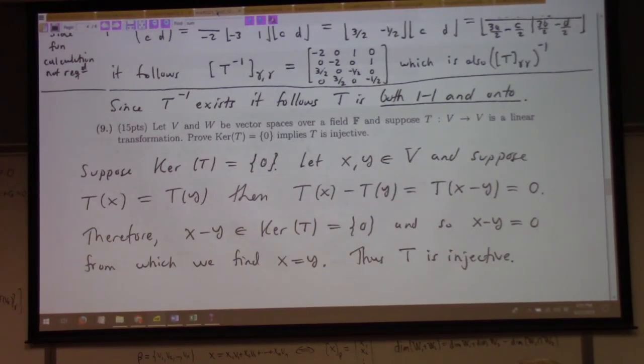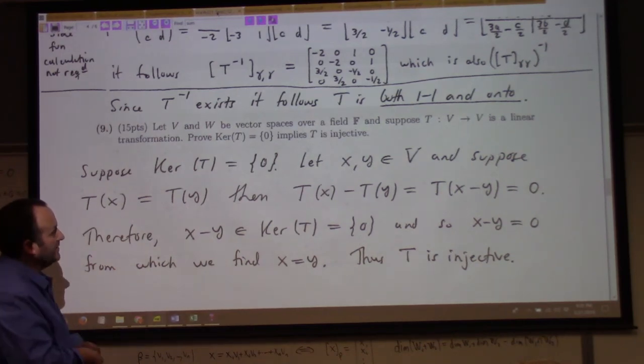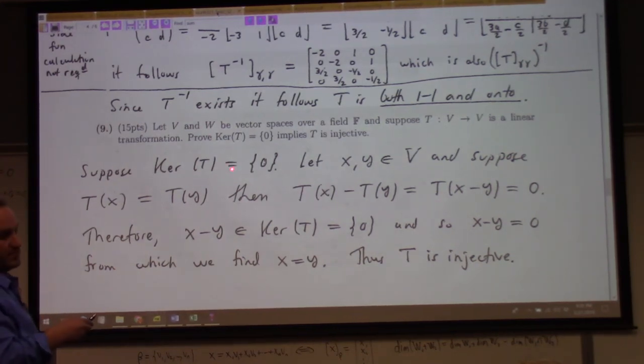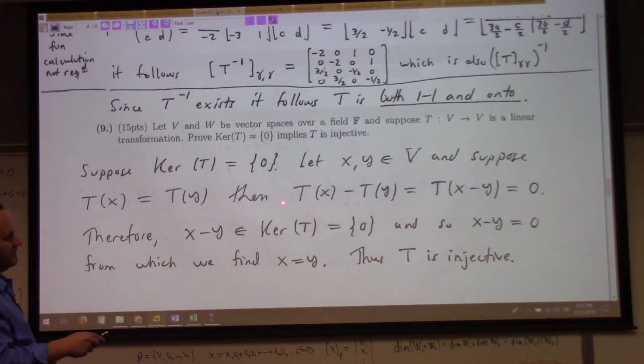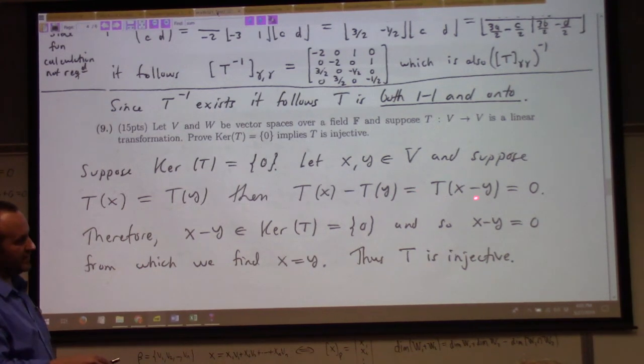Here is the one I was grumbling about. So the kernel of T is 0, right? Pick x and y in the vector space. Suppose their outputs are equal. What is the definition of one-to-one? It says that if the outputs are equal, the inputs must be equal. So if that's equal, take the difference, use linearity.